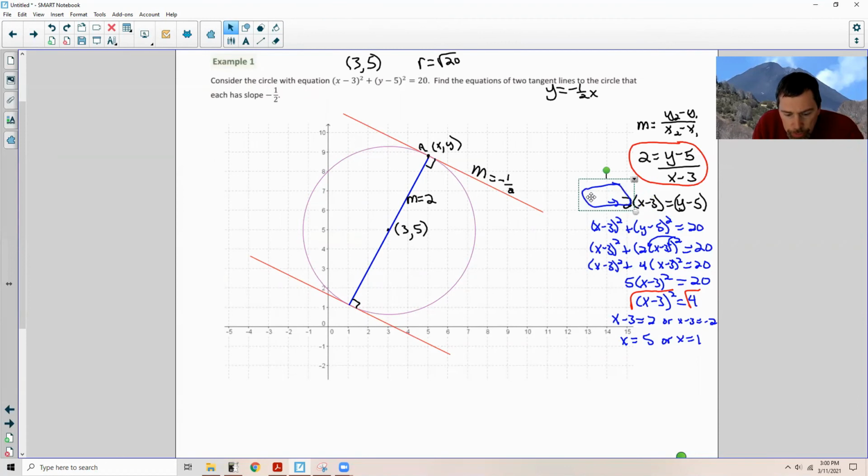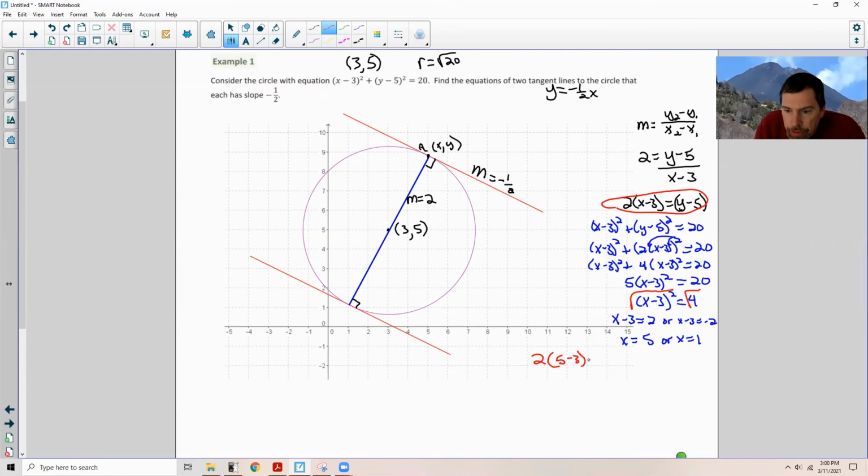It doesn't matter what you use, just one requires a little bit less work. So if I use this equation right here and substitute in, I would say 2, and I'm plugging in 5 this time, (5 minus 3) equals y minus 5. Then 5 minus 3 is 2, 2 times 2 is 4, 4 equals y minus 5. Add 5 to both sides, and I get y equal to 9. So that is the point (5, 9).